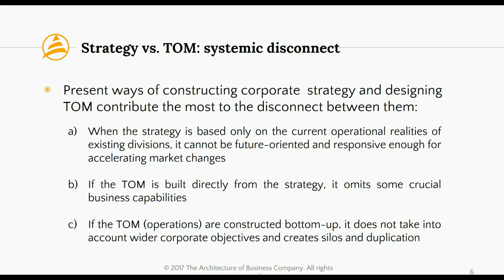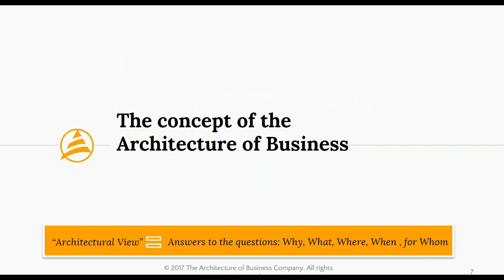There is a need for a flexible, elastic, and intelligent mechanism that can take care of the integral and solidified appearance and behavior of the company in the dynamic market. We offer such a mechanism, and we call it the architecture of business concept and approach.